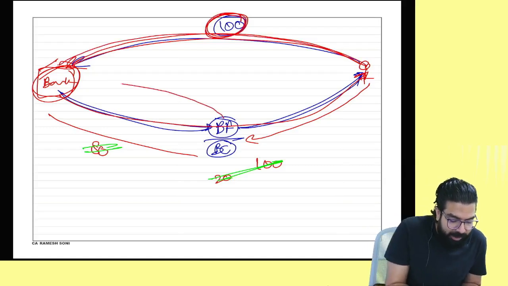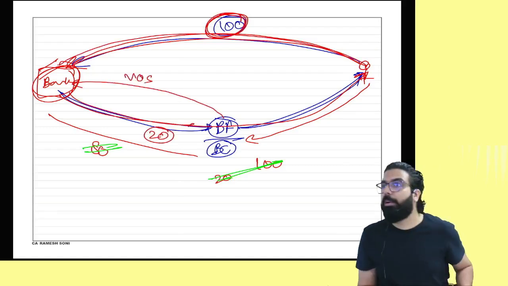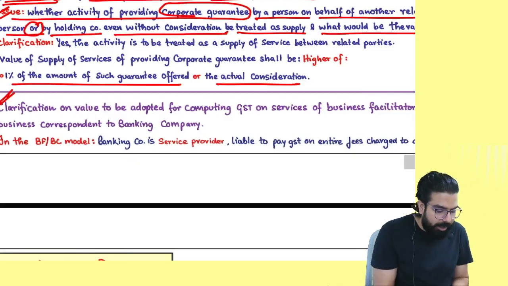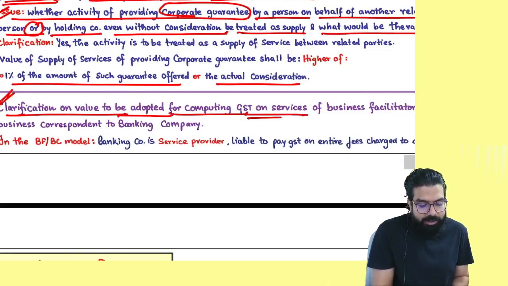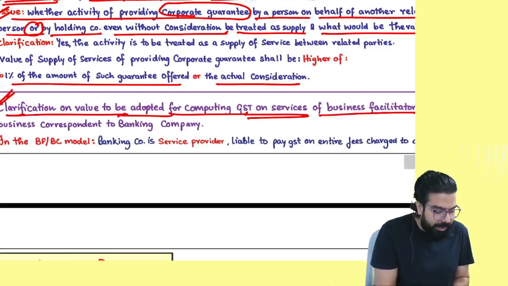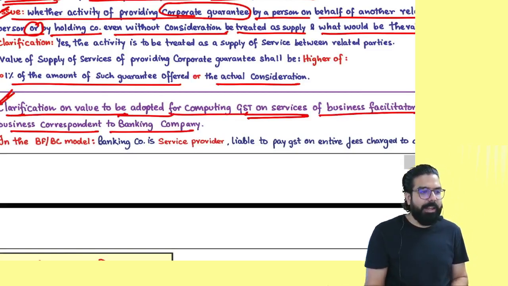This business facilitator's value of supply is what? 20 rupees. Is my point clear to all? That is what is being told over here. Clarification on value to be adopted for computing GST on services of business facilitator or business correspondent to the banking company.